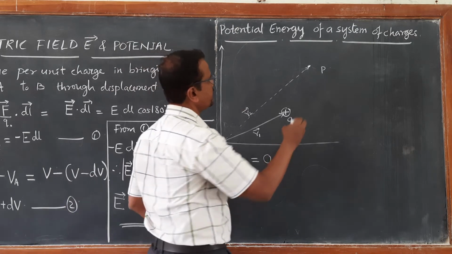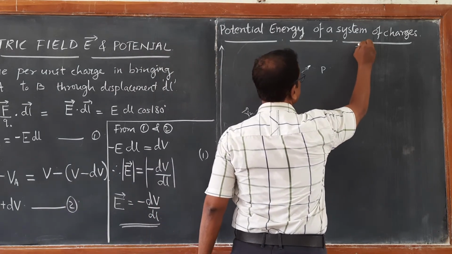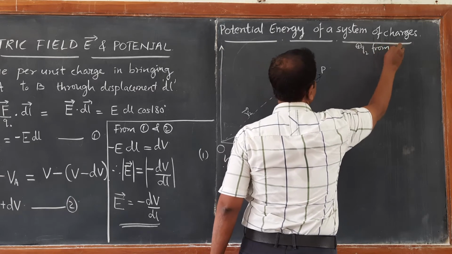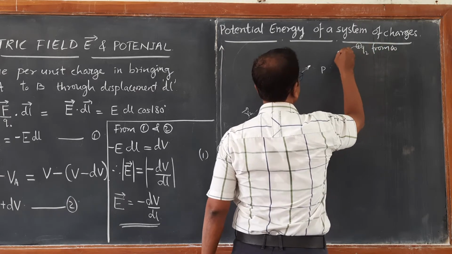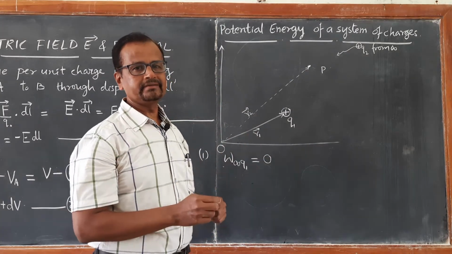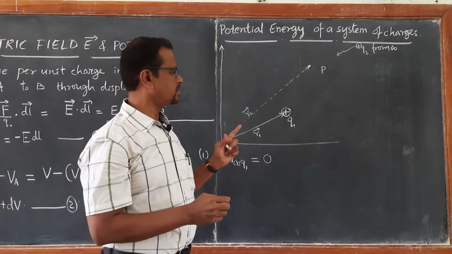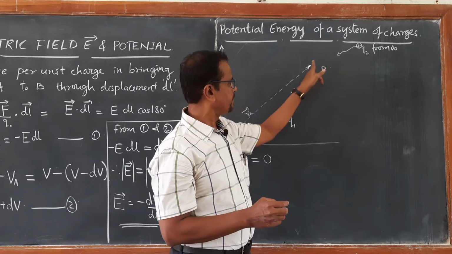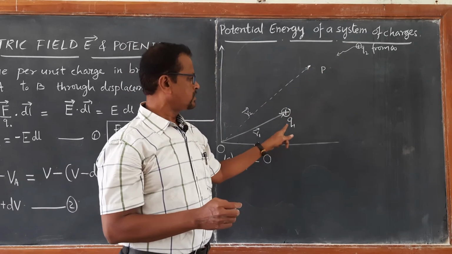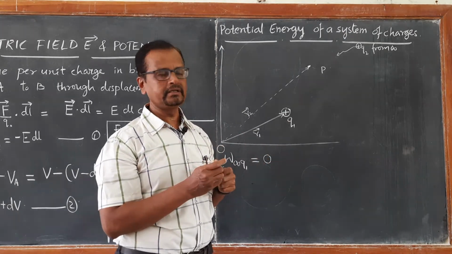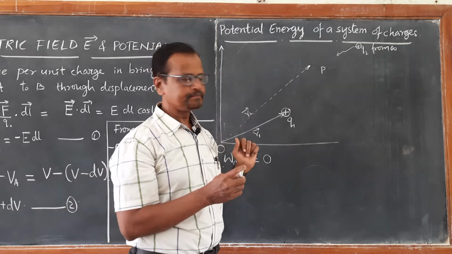We want to bring Q2 from infinity and place it here. Then we have to do work, because Q1 has developed its own field and its own potential. Therefore, work has to be done.